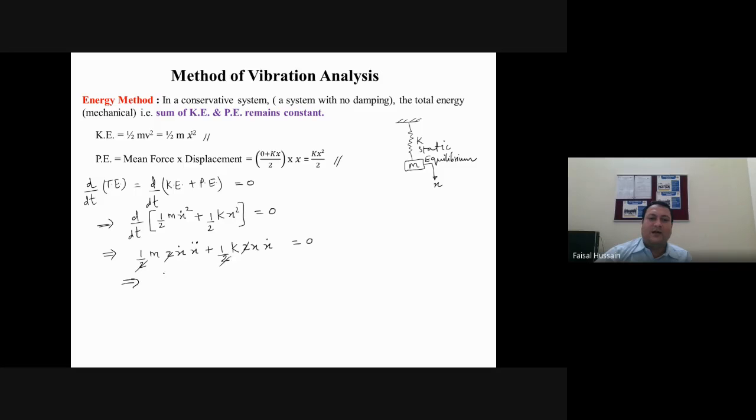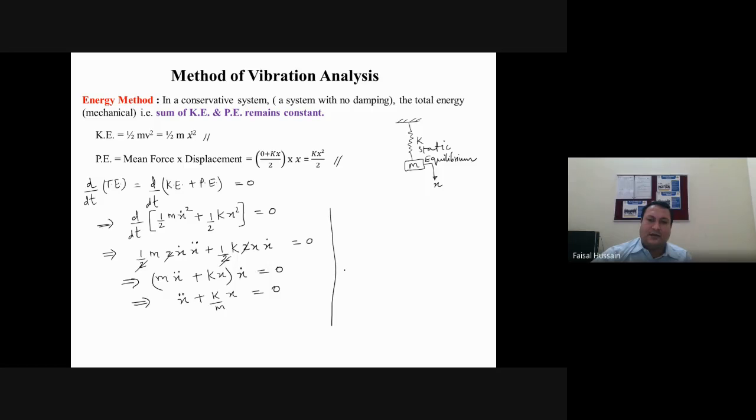So from here we get the equation m x double dot plus k into x, with x dot common, equal to 0. So I can write this equation as x double dot plus k by m into x equal to 0.